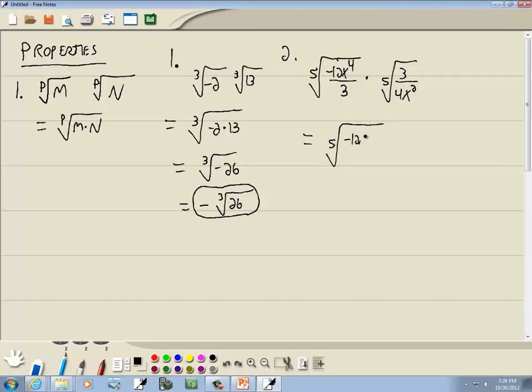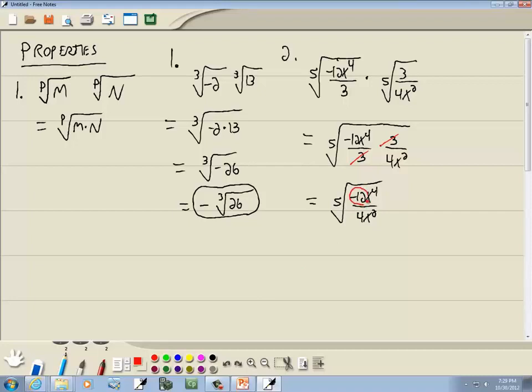So I got negative 12 x to the fourth over 3 times 3 over 4x squared. Now we can do some simplifying here. These 3s are going to cancel. And let me write it down again before I do any more simplifying. And I got negative 12 x to the fourth over 4x squared.